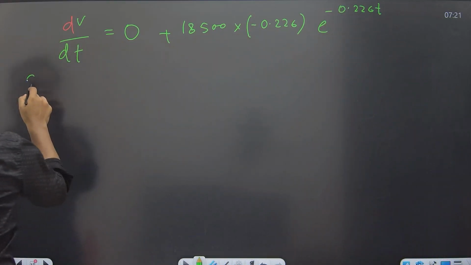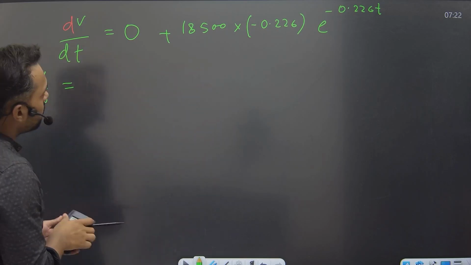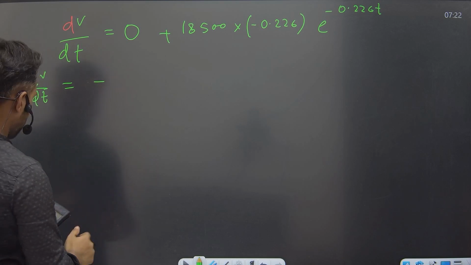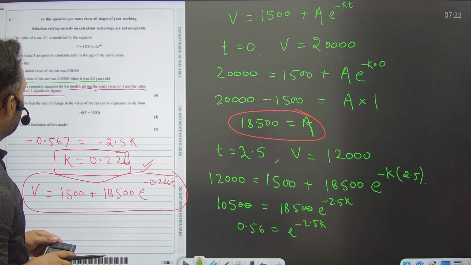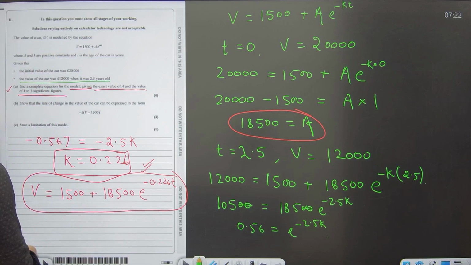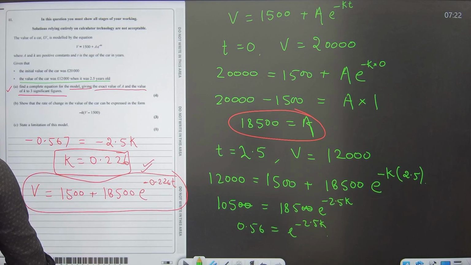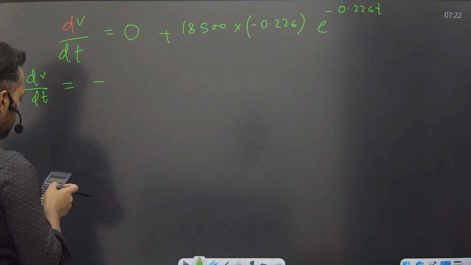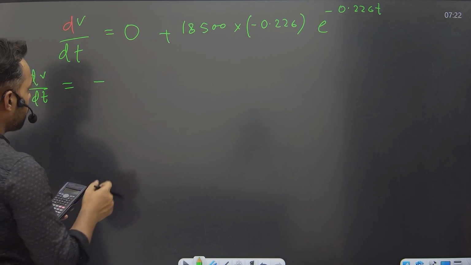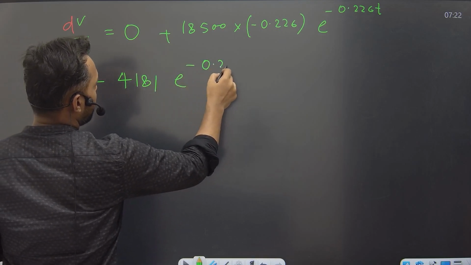So from here you will get dv by dt equals negative 18,500 times 0.226, that will be equal to negative 4181 e raised to the power negative 0.226 t.